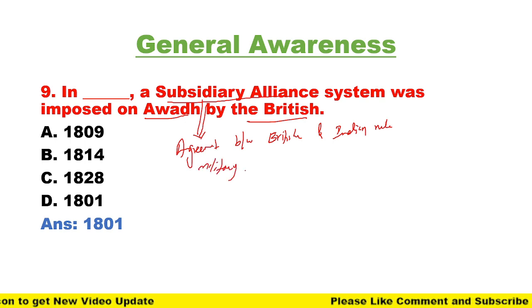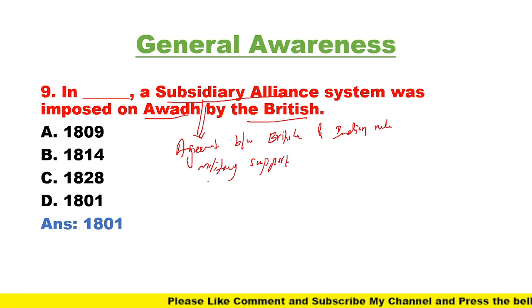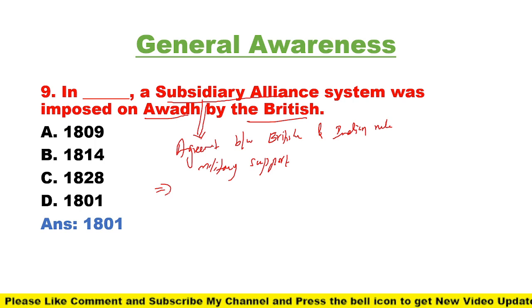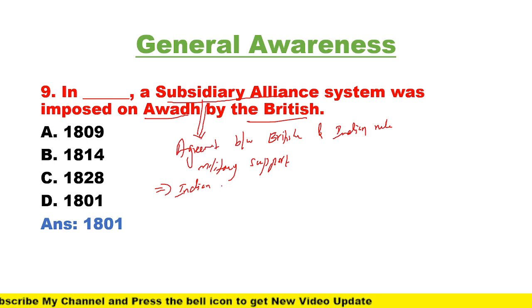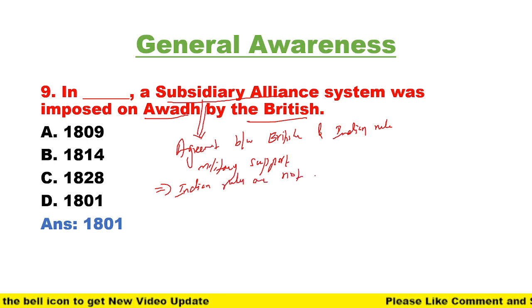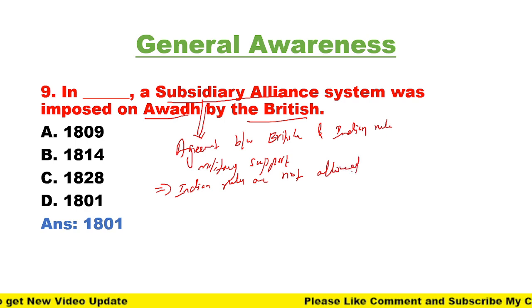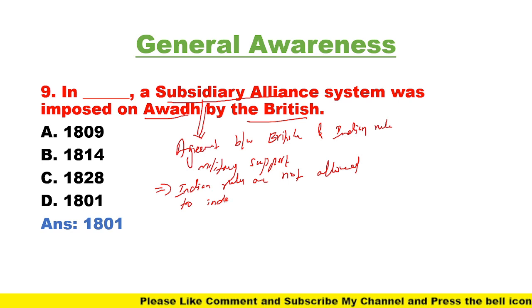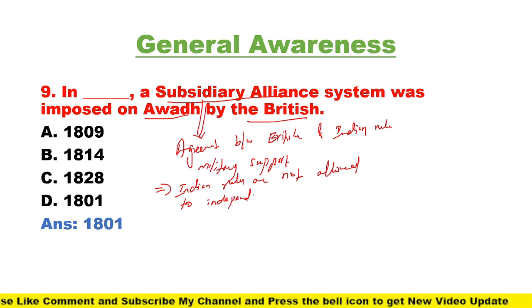If you sign the subsidiary alliance, Indian rulers are not allowed to have an independent army.